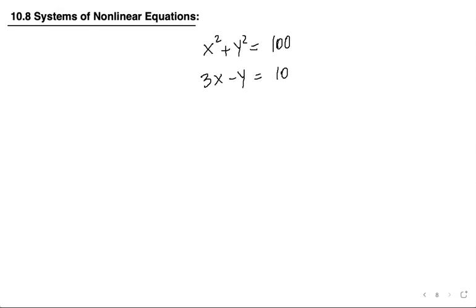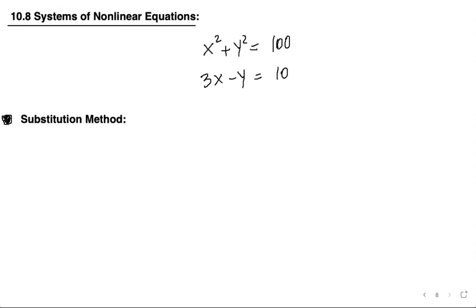The first method is called the substitution method. This method has steps.